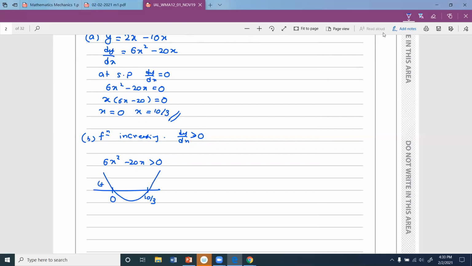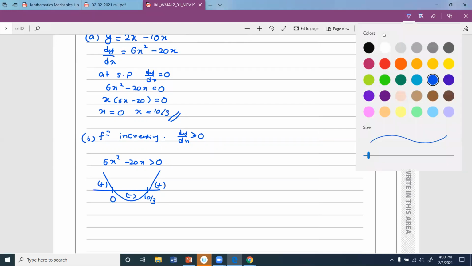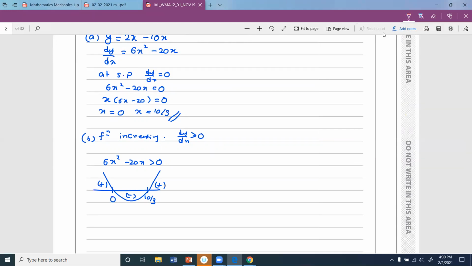This part is positive, this part is negative, and this part is positive. We are referring to the positive parts, this part and this part. Therefore, x is less than 0 or greater than 10 over 3. That would be your final answer.